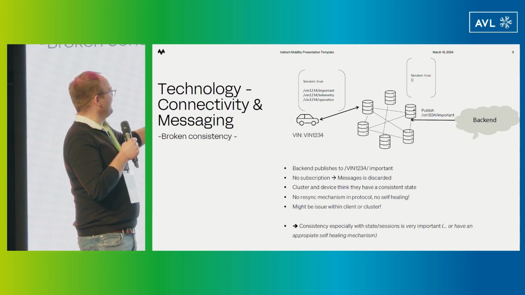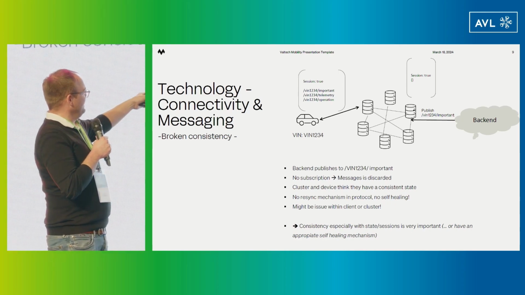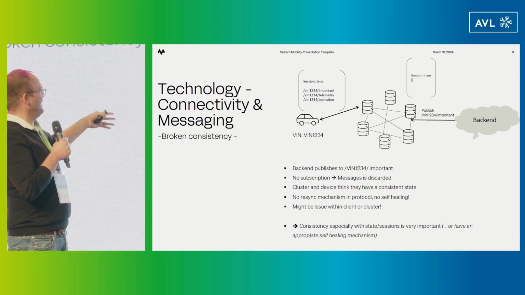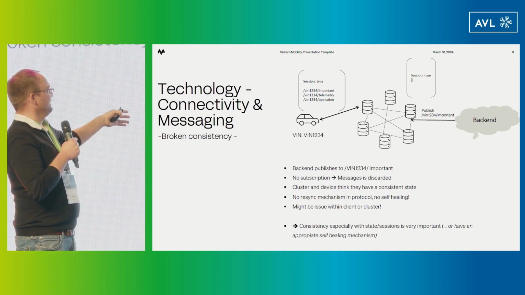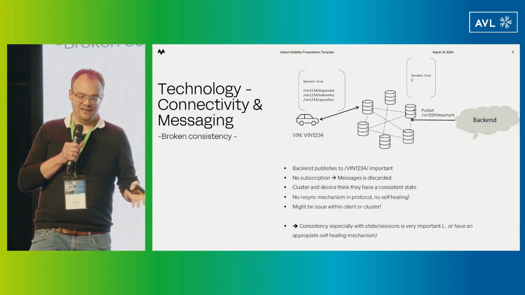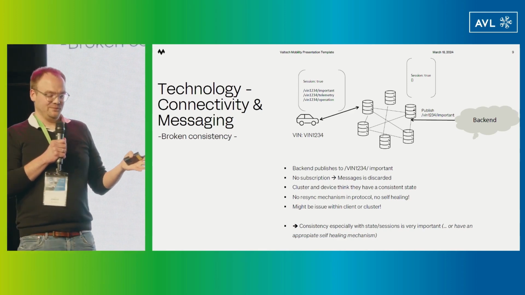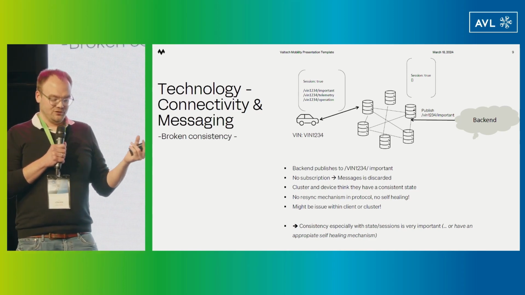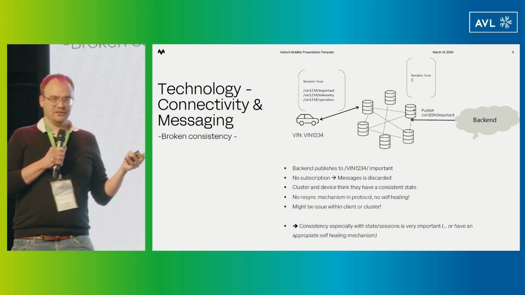But now, when you publish something, say you send some important command to the vehicle, and there is no subscription, the message is just discarded in most protocols. So it basically goes to dev null, and you don't really see it. And in MQTT, there is no detection or resync mechanism for self-healing.